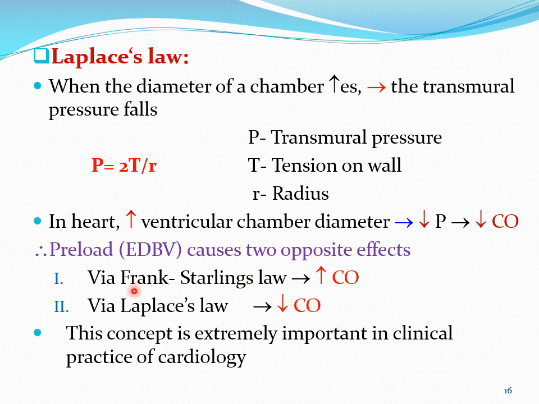But normally when the diameter increases, that is when the end diastolic volume increases, the more blood accumulates and the diameter increases, and that leads to more contraction of the ventricle and increases cardiac output. Okay, so up to this point students we discussed what Laplace's law and Frank-Starling's law say.